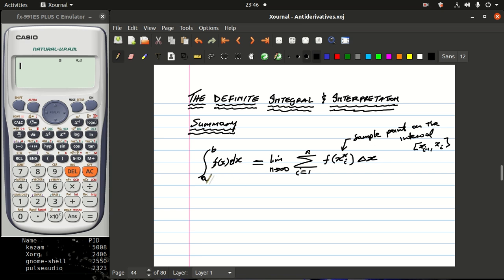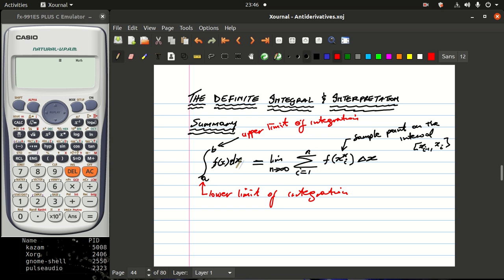And then we said that b is the upper limit of integration, and this a here is what we call the lower limit of integration.